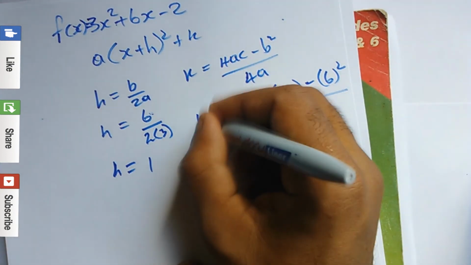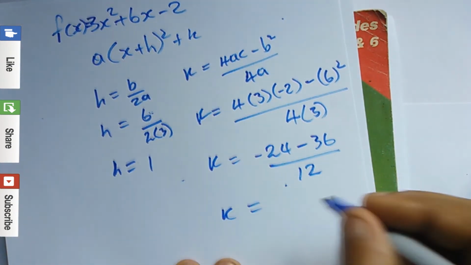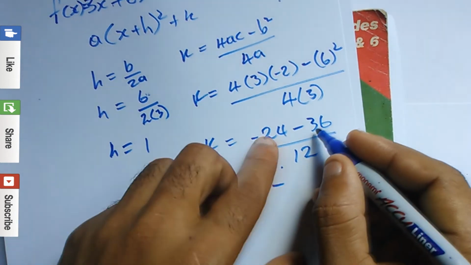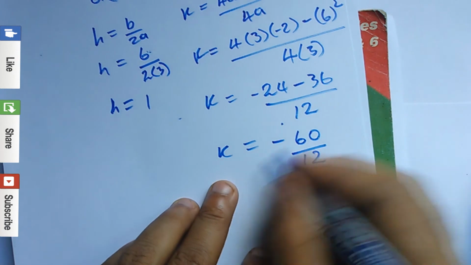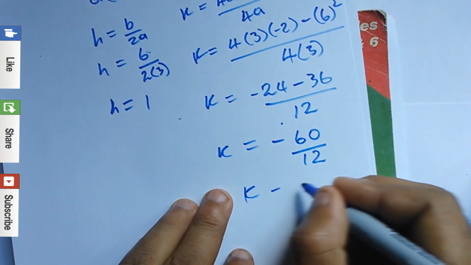So remember this is a k value. So we have negative 60 over 12. So we know that dividing that would give us negative 5.